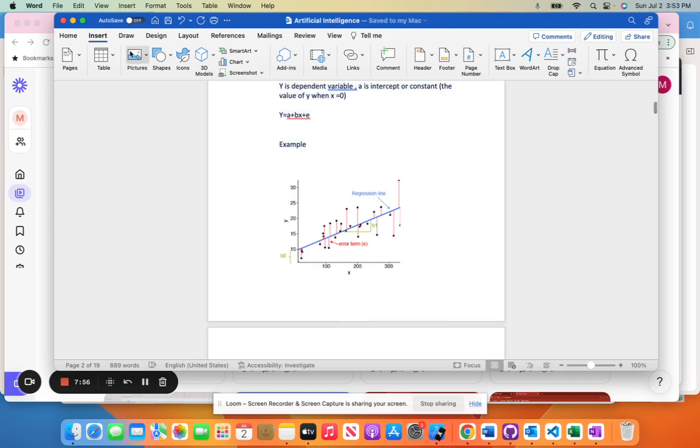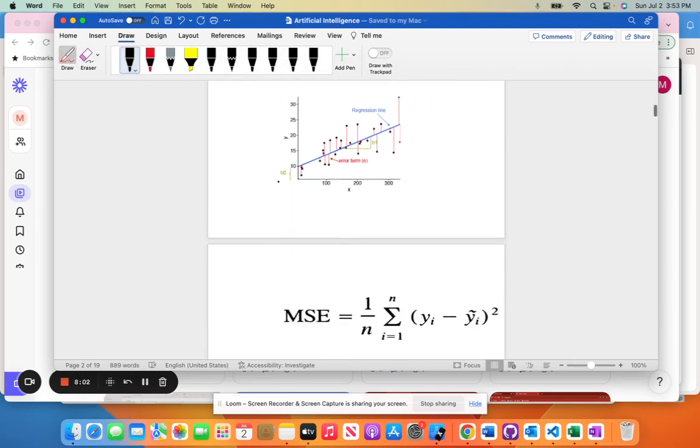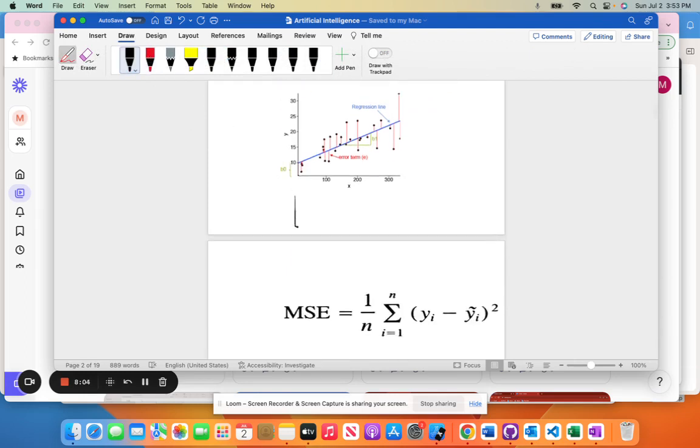Let me actually draw something for you here. Suppose we have some values like this, x and y, and we have some points here and there.